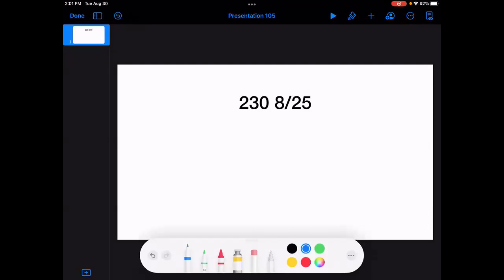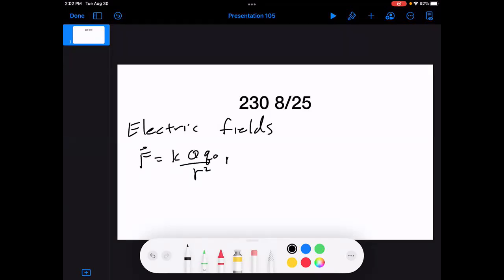Electric fields. Again, I apologize if this is repeats, but for example, if this was the force between a charge capital Q and a test charge Q naught, the electric field would just be whatever you have left over when you get rid of that Q naught.